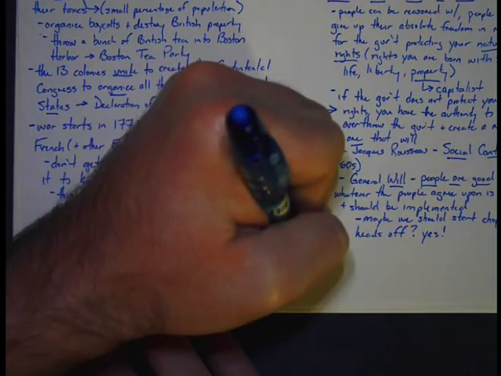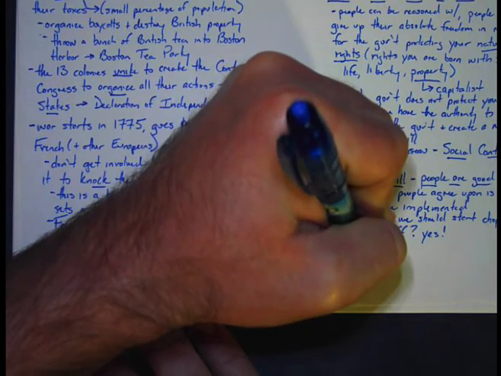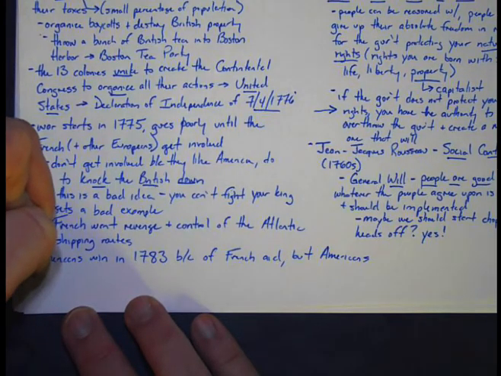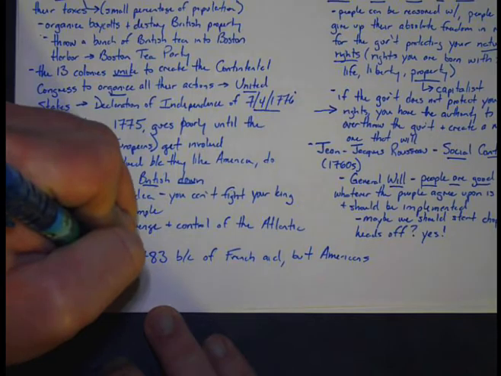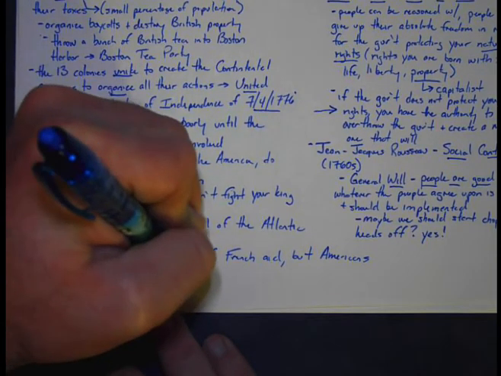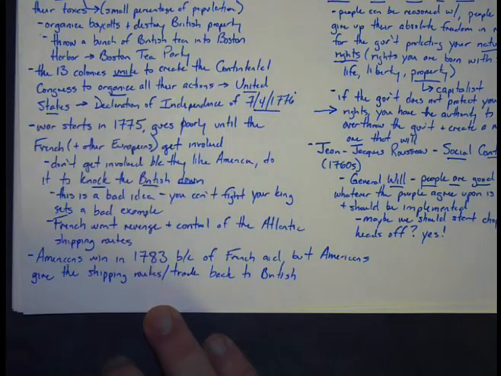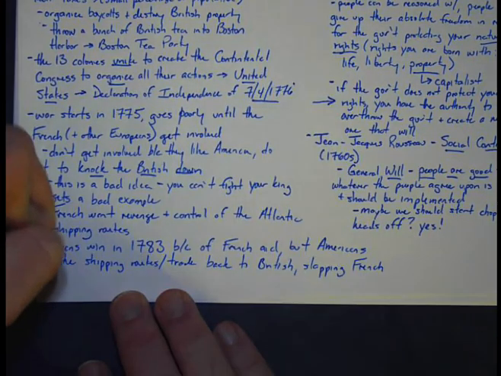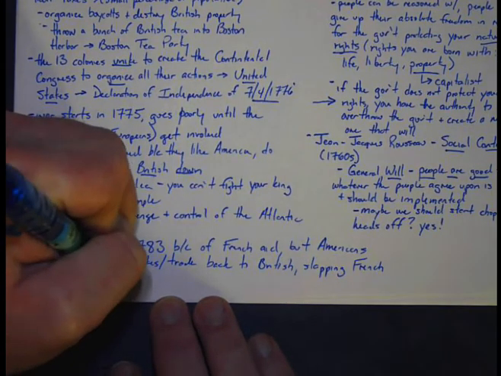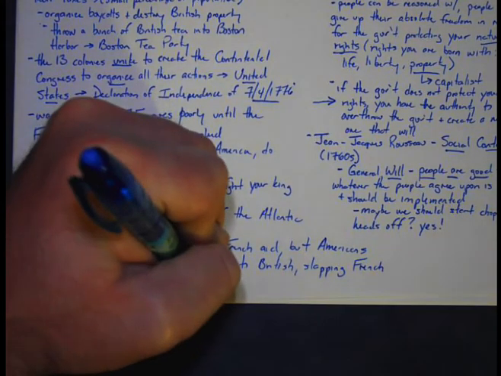But, and we'll set this up for next time, the Americans give the shipping routes and the trade back to the British, basically slapping the French in the face. And in the long run, this is going to bankrupt France.